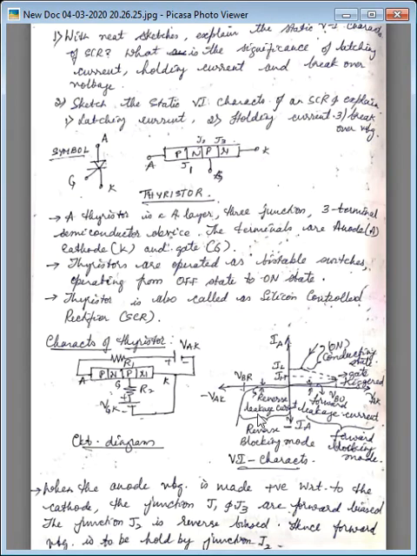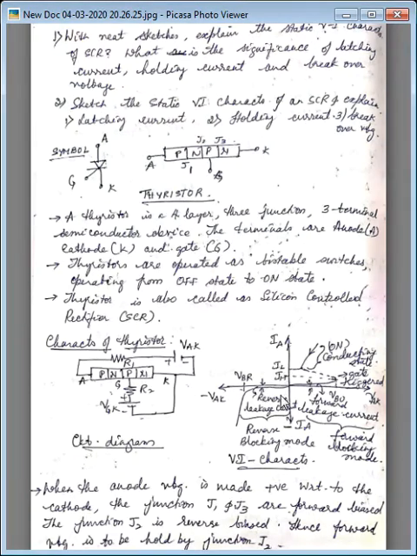So what about your reverse characteristics, that is the reverse blocking mode? Whenever the negative terminal is connected to the anode and the positive terminal is connected to the cathode of the thyristor, a wide depletion region forms across J1 and J3. J2 will be continuously in the on state, short circuited, but due to the reverse mode at J1 and J3, we observe a wide depletion region.